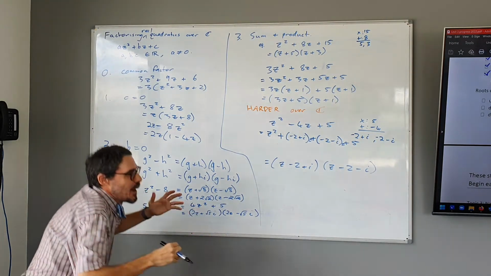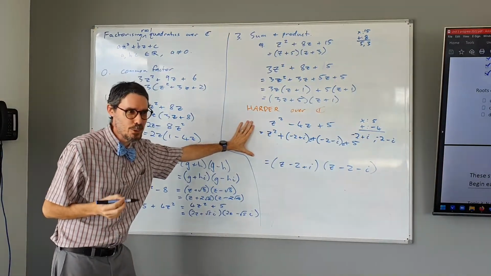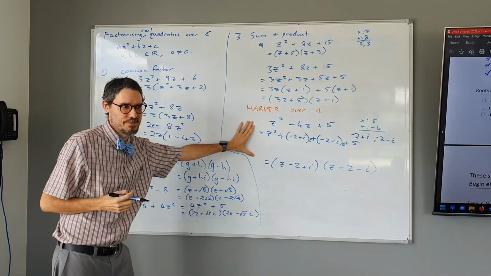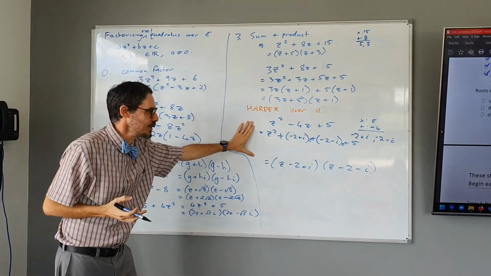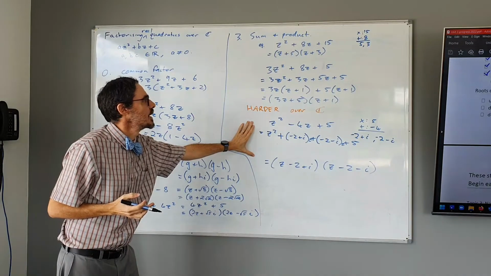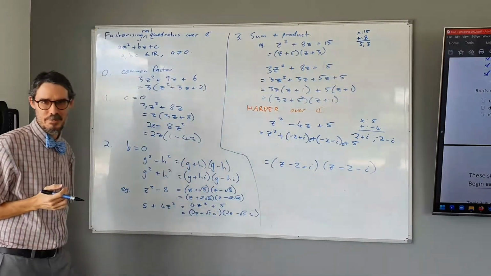It is possible, is my main point. I don't actually recommend doing this unless you can see very quickly what to do. What I think you should do instead is, if I can't quickly find these numbers, just complete the square.